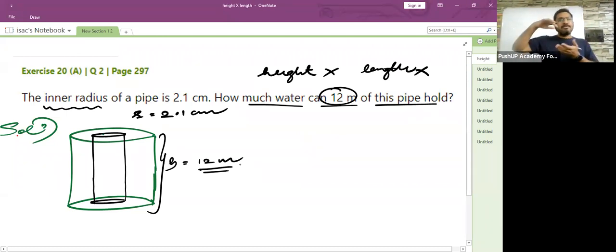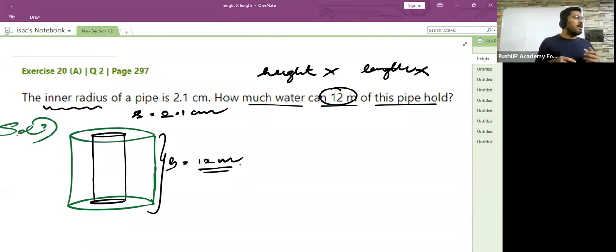You remember the last thing which I taught you yesterday. What was it? The capacity of a hollow cylinder, isn't it? And when I taught you the capacity of a hollow cylinder, I used a particular term: the inner volume.